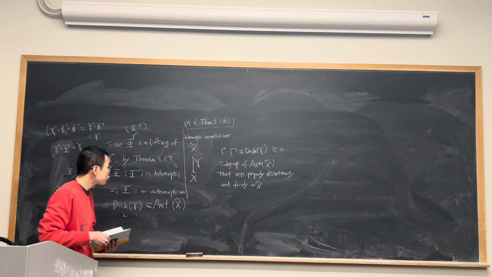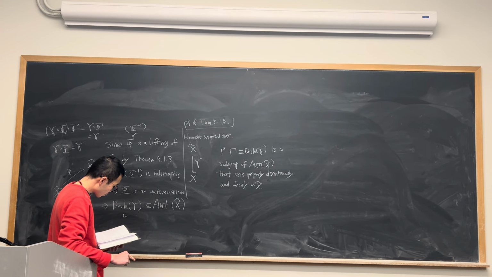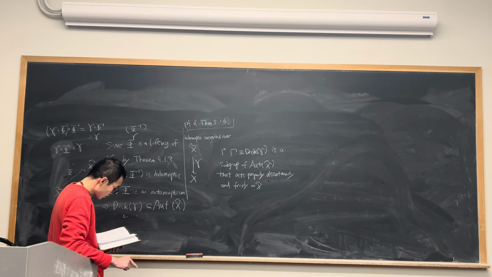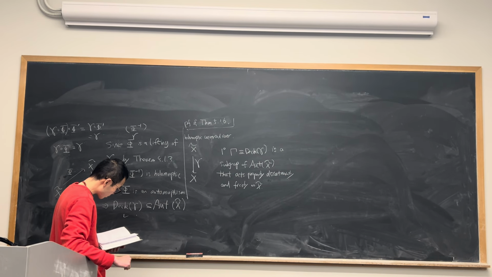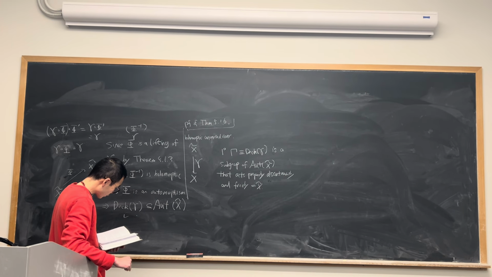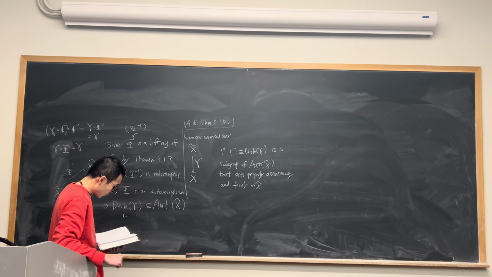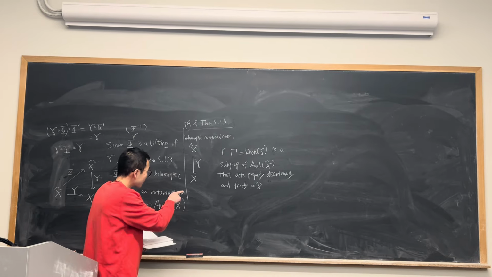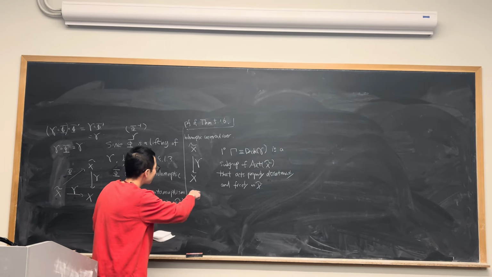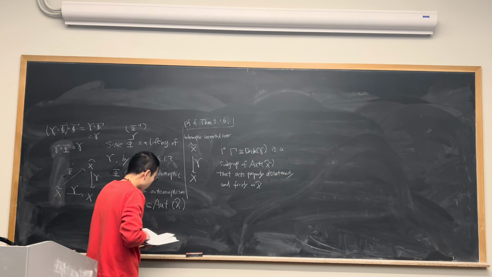Theorem 10.4.5 says that if this X tilde is the universal covering space of a connected, locally simply connected, locally compact Hausdorff space X, then gamma, defined as the deck transformation group of this universal covering map, acts properly discontinuously and freely on this X tilde, and then the quotient map is a covering.